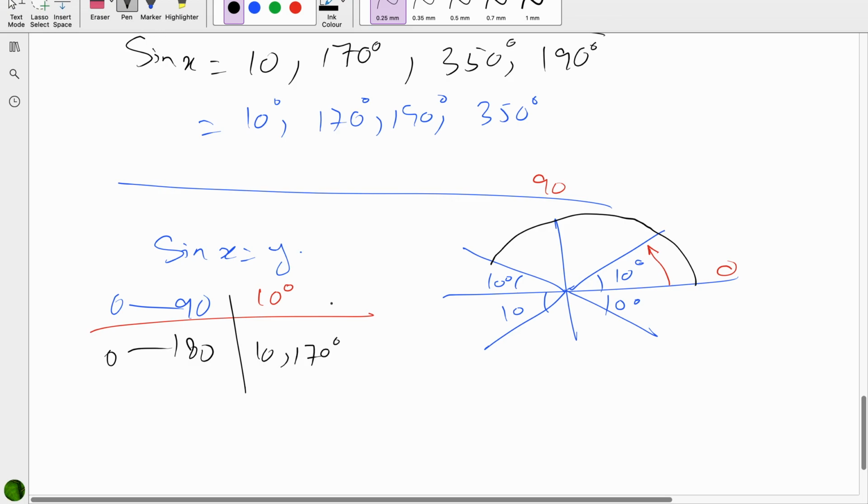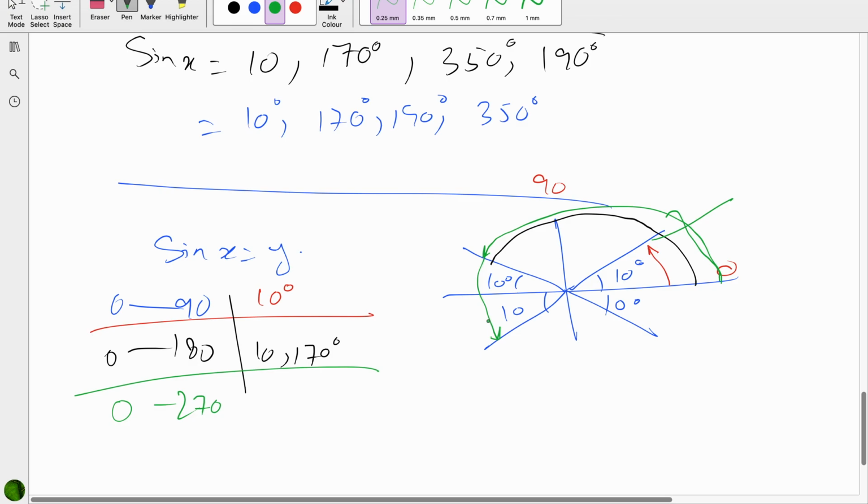Getting it? If I ask you to solve for 0 to 270, so this is the first intersection, then you have the second intersection, then you have the third intersection.